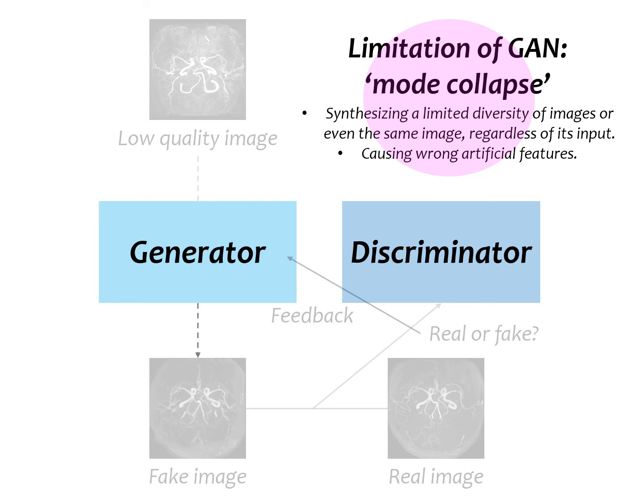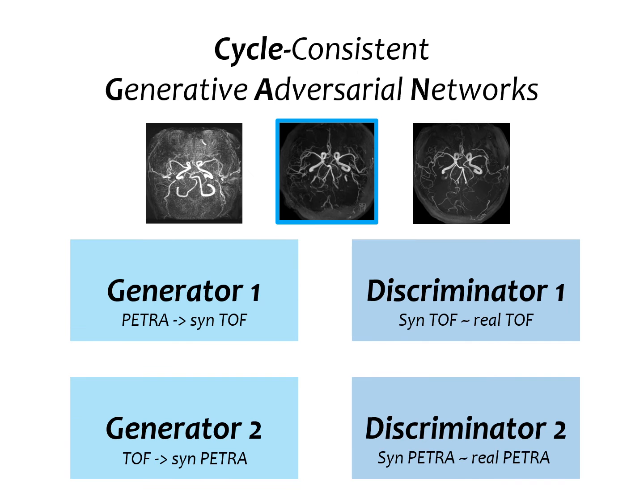One of the important limitations of GAN is that there is a risk that the neural network may generate features that are not present in the images, or generate the same images regardless of its input, due to the potential mode collapse behavior of the GAN.